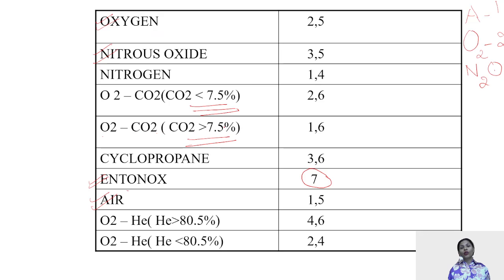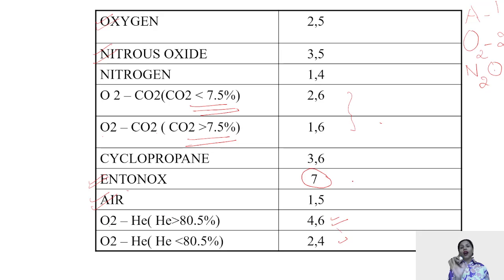More than 7.5 it is 1,6 and less than 7.5 it is 2,6. The same goes for your oxygen and heliox also. Less than 80% of helium is 2,4 and more than 80% is 4,6.